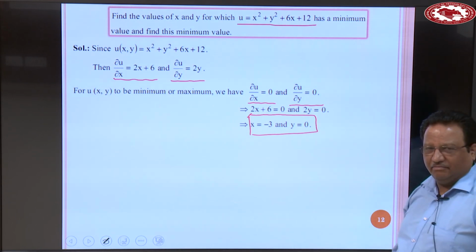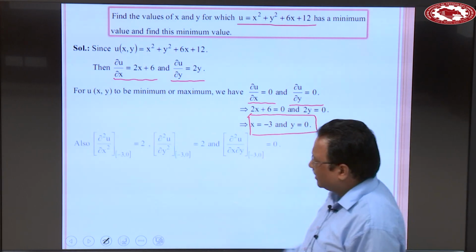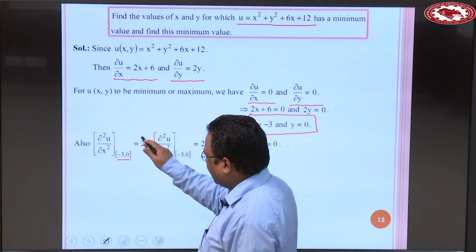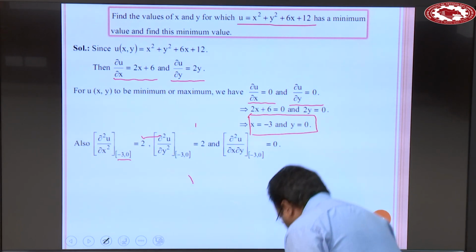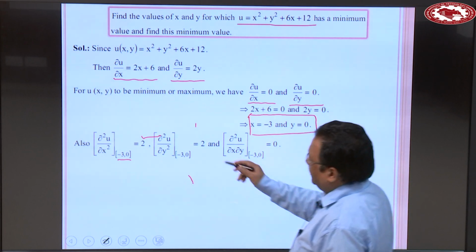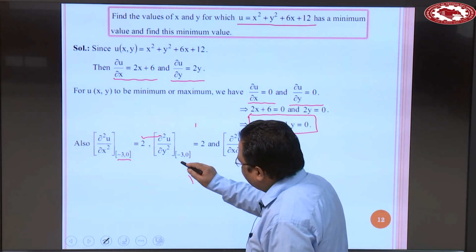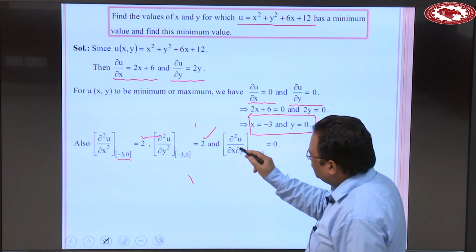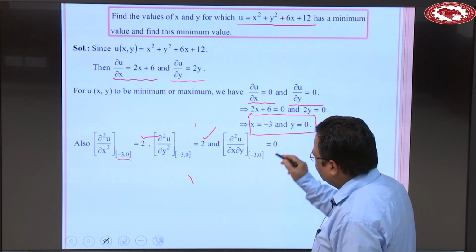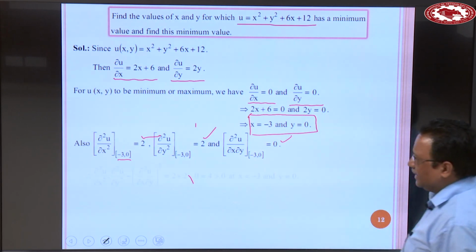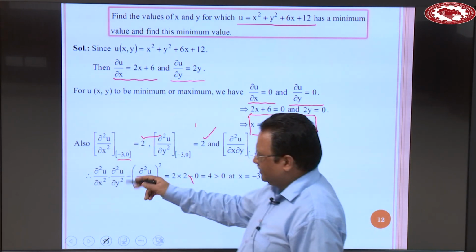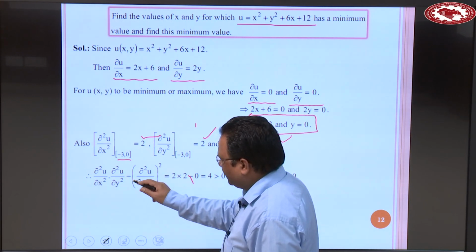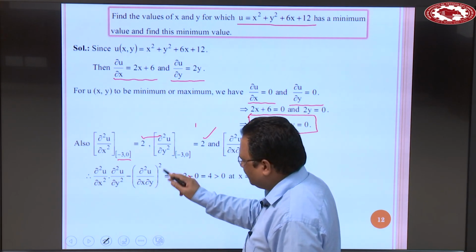Let us check minimum or maximum. Okay. Calculate ∂²u/∂x² at this point, we get 2. Calculate ∂²u/∂y² at minus 3, 0, we get 2. Calculate ∂²u/∂x∂y at minus 3, 0, we get 0. Then calculate this result, ∂²u/∂x² times ∂²u/∂y² minus (∂²u/∂x∂y)².